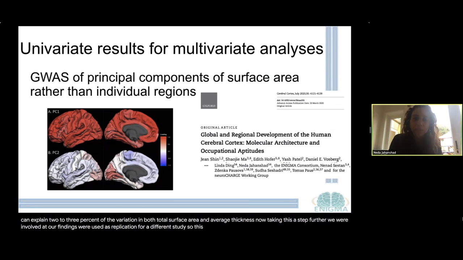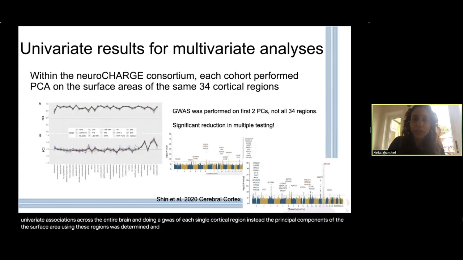This is an interesting study where, instead of looking at univariate associations across the entire brain and doing a GWAS of each single cortical region, the principal components of the surface area using these regions were determined, and a genome-wide association was performed on just 2 of the principal components.